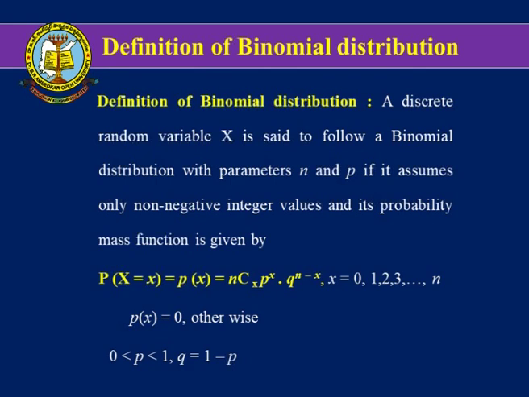We know that the sum of the probabilities is equal to 1, that means p plus q is equal to 1 always. So these are the limits for this particular binomial distribution.